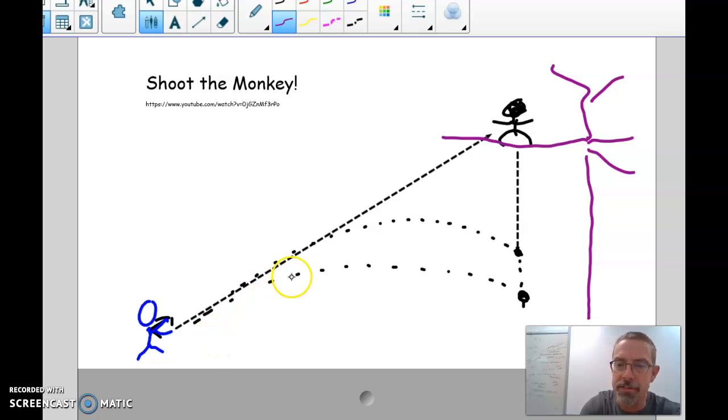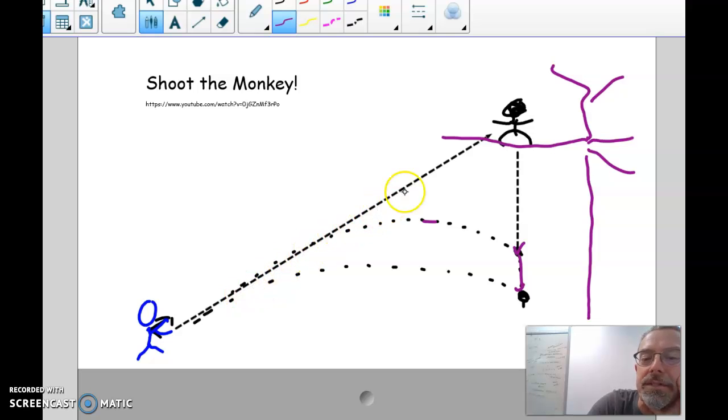But what is curious is that as long as you aimed at this monkey initially, and as long as you shot at exactly the same time as the monkey drops, you will hit this monkey every single time, as long as your velocity is enough to cover this distance before the monkey reaches the ground. And if you wonder why that is, just think about the fact that this monkey is going to be accelerated due to gravity at the same rate that this object is accelerated due to gravity.